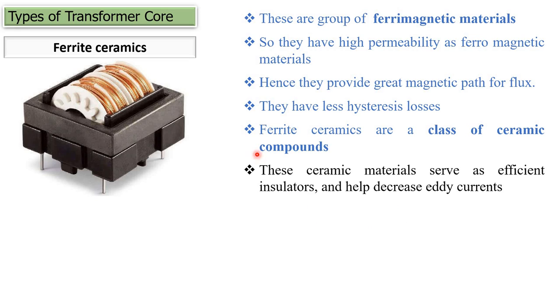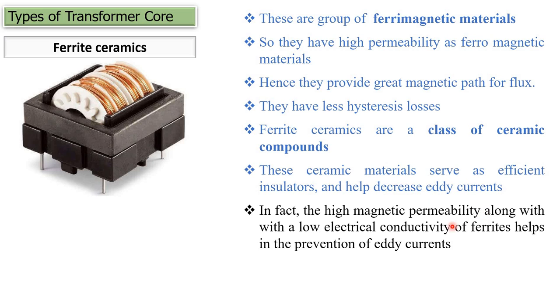Since this magnetic core has high resistivity and is a good electrical insulator, it helps to decrease eddy currents, and that's why eddy current losses are minimized. So in all, if ferrite ceramic is used as a magnetic core, it provides higher magnetic permeability along with low electrical conductivity, and this helps to prevent eddy current losses.